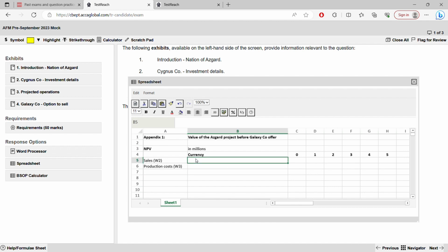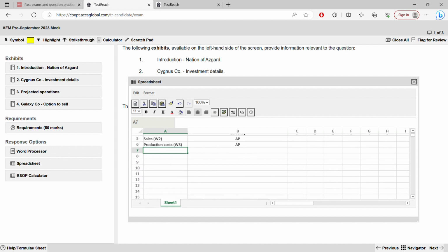And which currency? Everything will be in AP. Okay, I can just drag this into other cell, automatically it will be copied rather than typing every time. Okay, so this center. Okay, now what's the next?